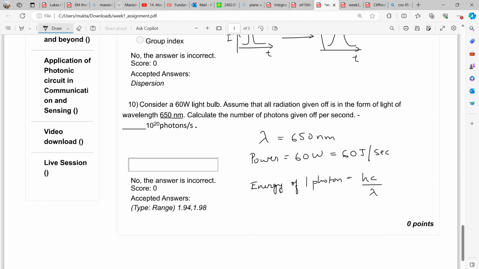So if the total energy per second is 60 joules and the energy of one photon is so much, then the number of photons per second is 60 over hc by lambda. If we do this calculation by substituting for hc and lambda, we will get 1.96 times 10 to the power 20 photons.